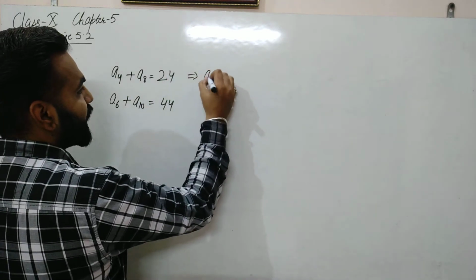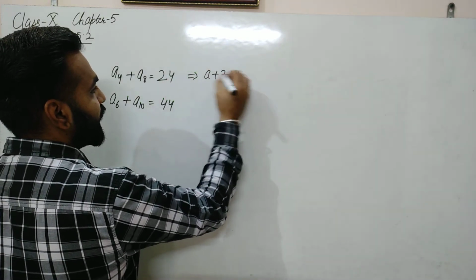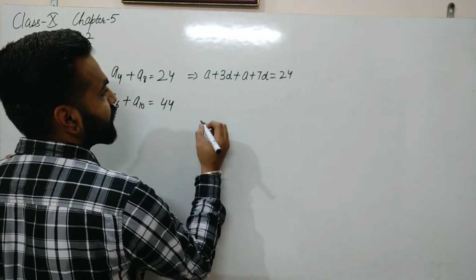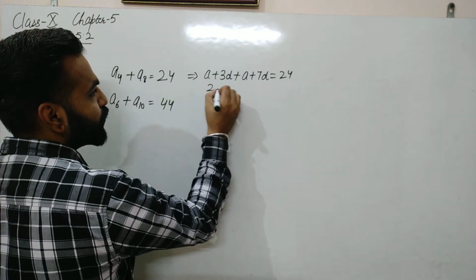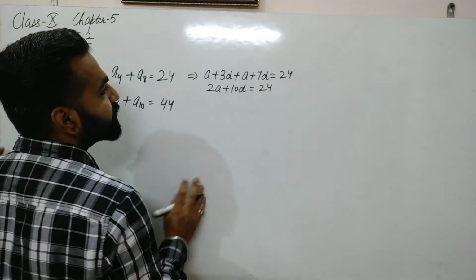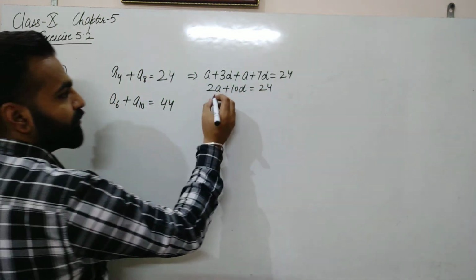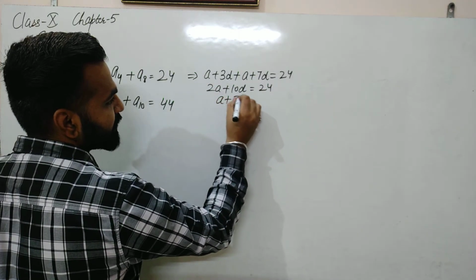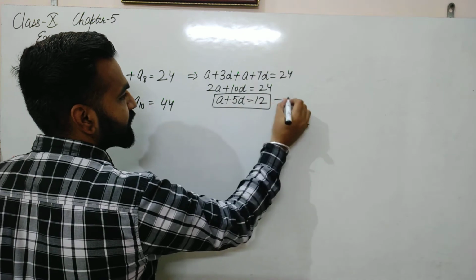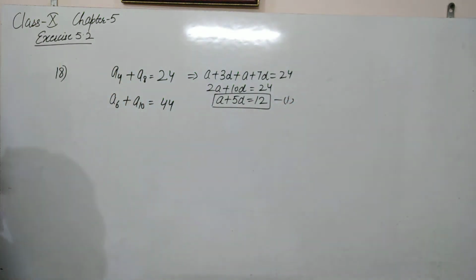This will become A plus 3D. A8 will be A plus 7D equal to 24. So this will be equal to 2A plus 10D is equal to 24. If 2 is taken common, then this will become A plus 5D is equal to 12. So let us say this is equation number 1.